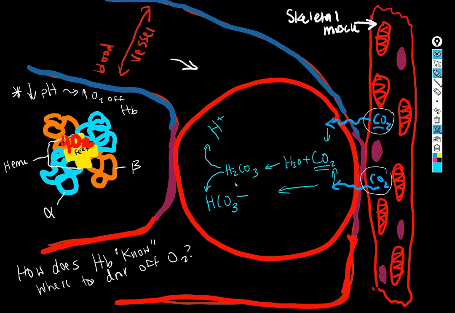So we've already defined acids as being compounds that donate protons to solution when they're dissolved in water. And I also told you that a decrease in pH increases the rate at which oxygen is going to hop off of hemoglobin. So I'm going to draw a little mini version of my hemoglobin right here.